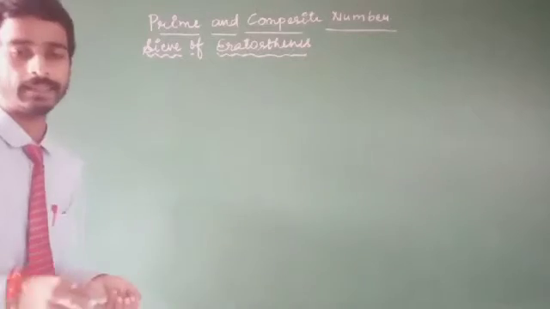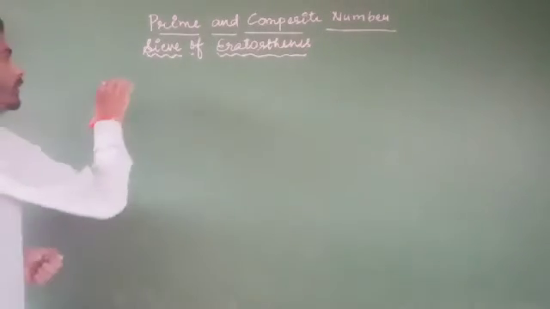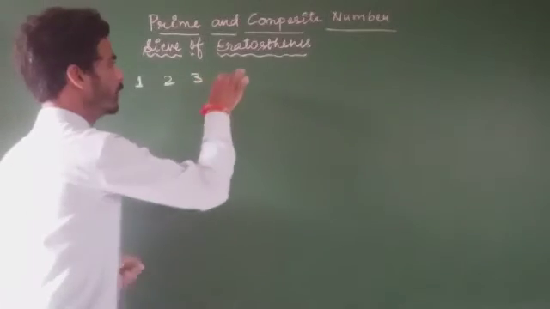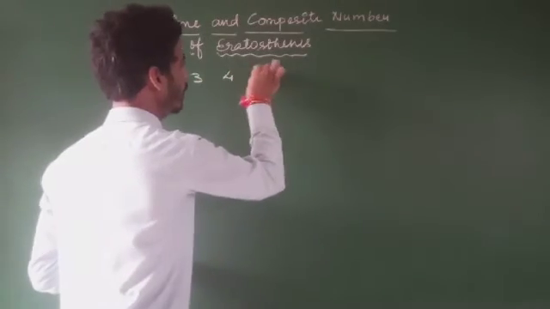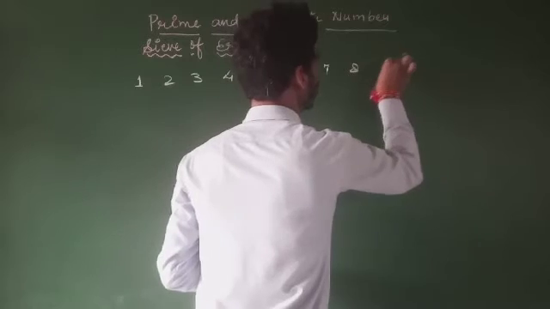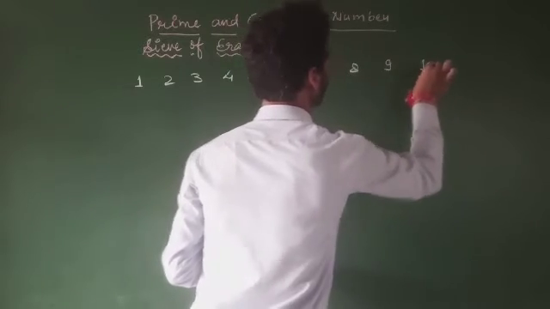There are numbers 1 to 30. 1, 2, 3, 4, 5, 6, 7, 8, 9, 10.